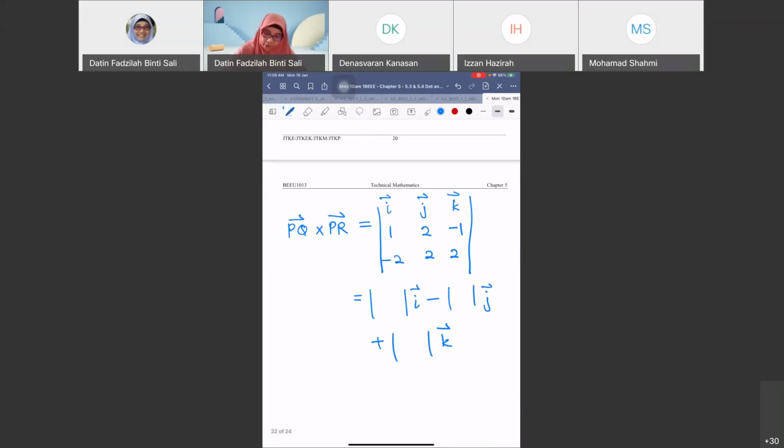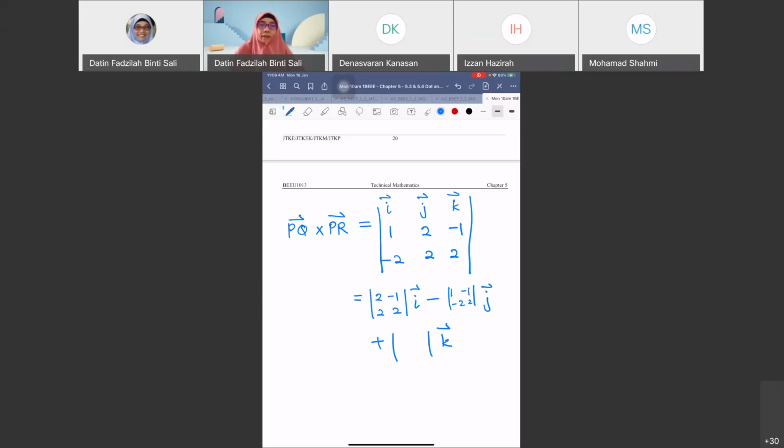For the i, you cover your i column, so it will be 2, minus 1, 2, 2. For the unit vector j, you cover your j column, so that will be 1, minus 1, minus 2, 2.